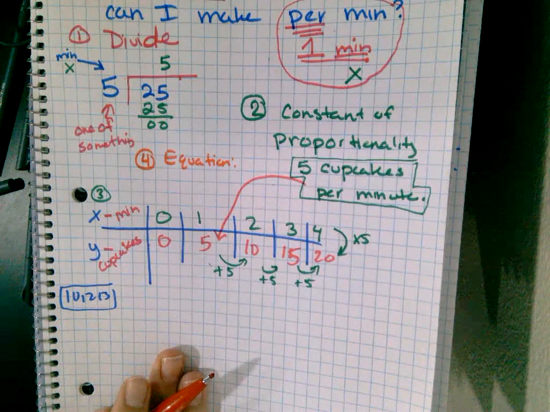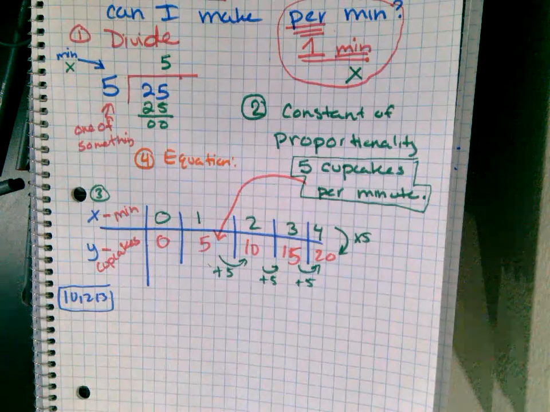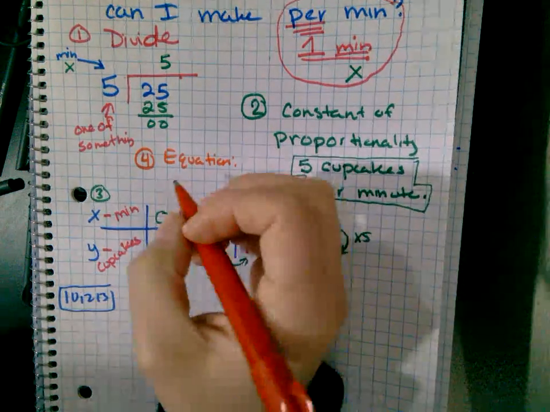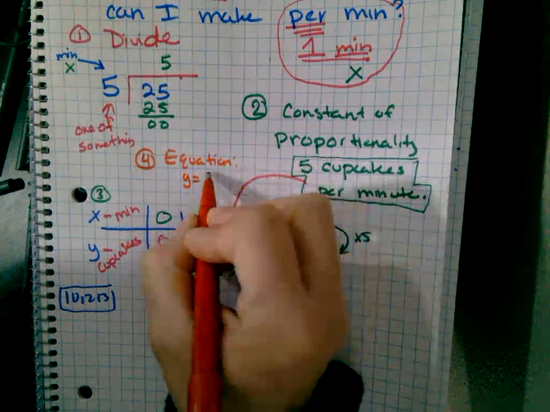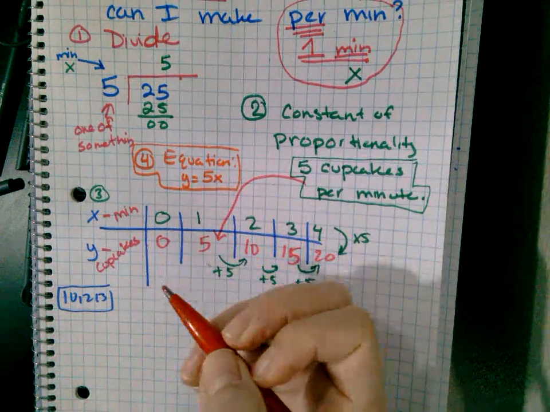Who can help us out? What would the equation be for this? Y equals 5x. Yes, Christian, yes. Y equals 5x. That's it.